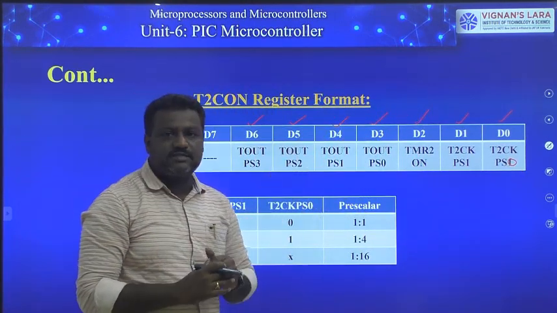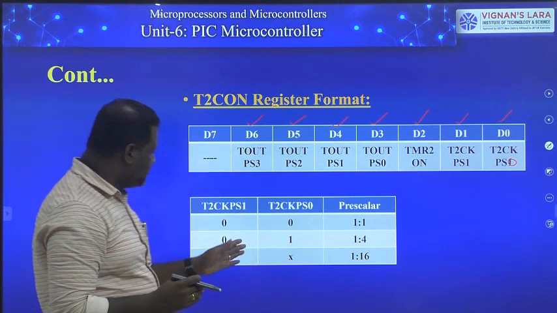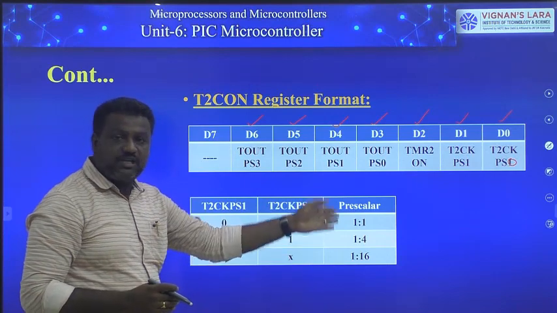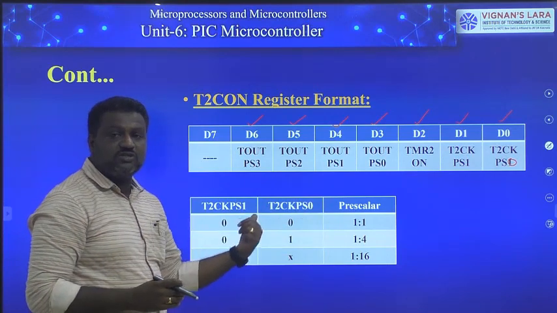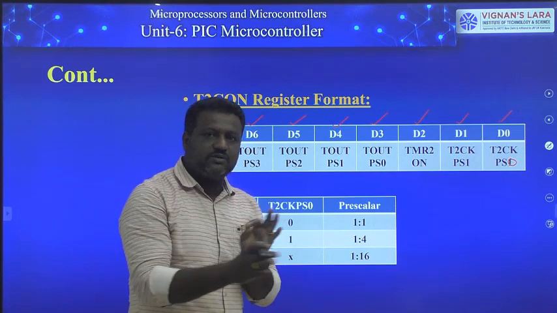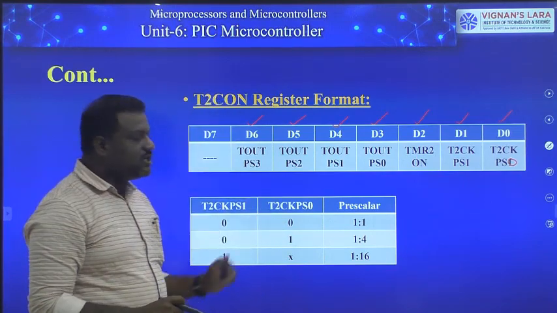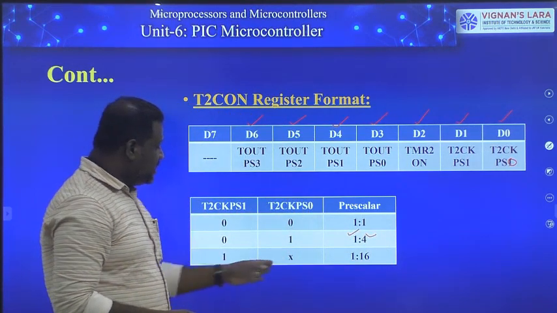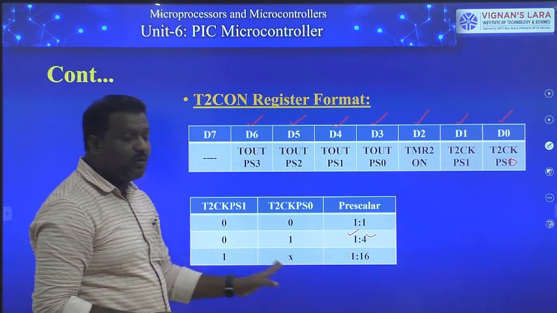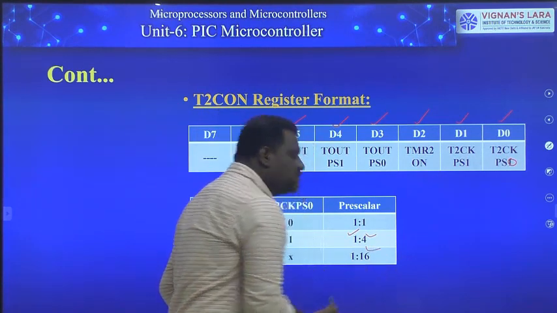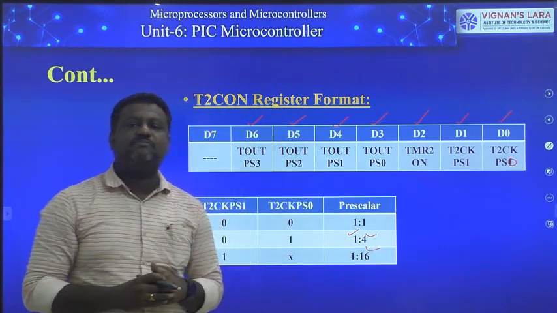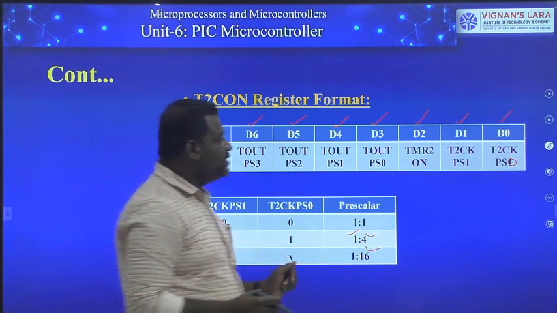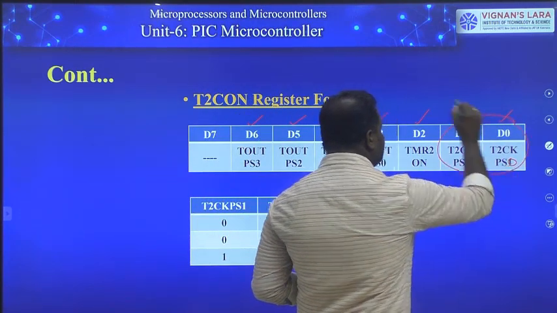By using those 2 bits, I can select a prescaling. I have 3 prescaling factors. If both are 0, 0, 1 clock pulse is equivalent to 1 count value. For 0, 1, on receiving 4 clock pulses, your count value is incremented by 1. If it is 1 and don't care, that means 1, 0 or 1, 1, then on receiving 16 clock pulses, the content of timer 2 is incremented by 1. So like this, we do the prescaling selection with the 2 least significant bits.